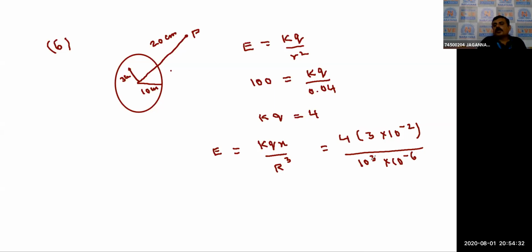So 10 power minus 3 goes up as 10 power plus 3, and 10 power minus 2 gives 10. So 10 into 3 is 30, 30 into 4 is 120. So we get 120 volt per meter. This is the answer for question 6.